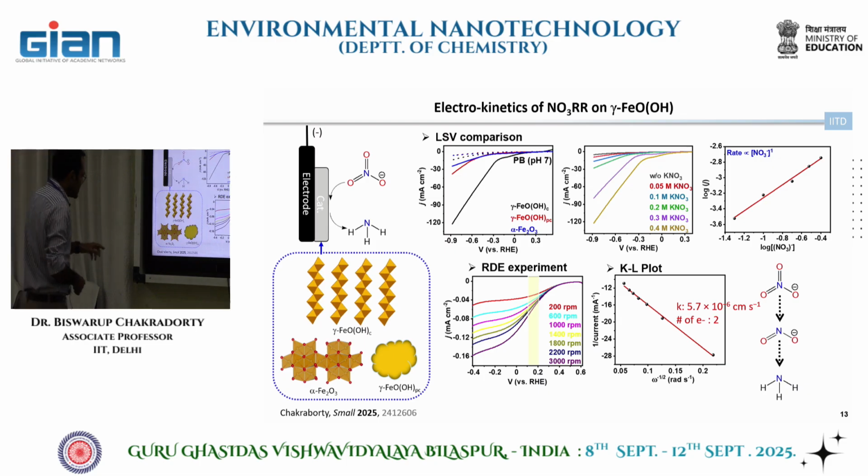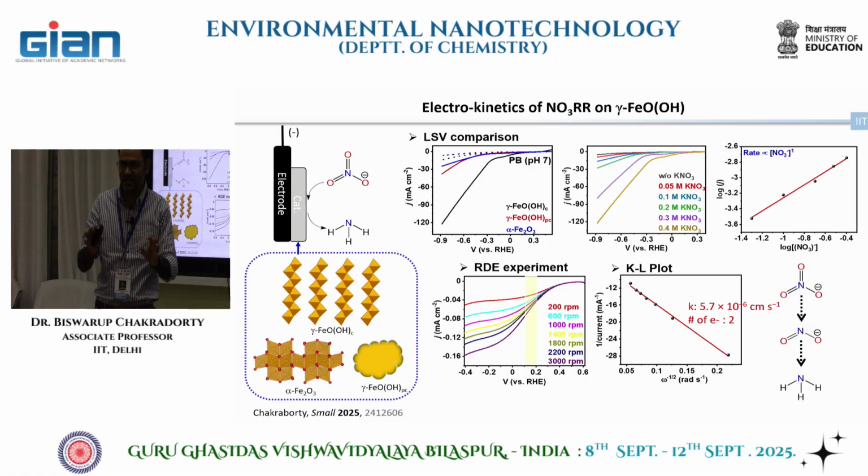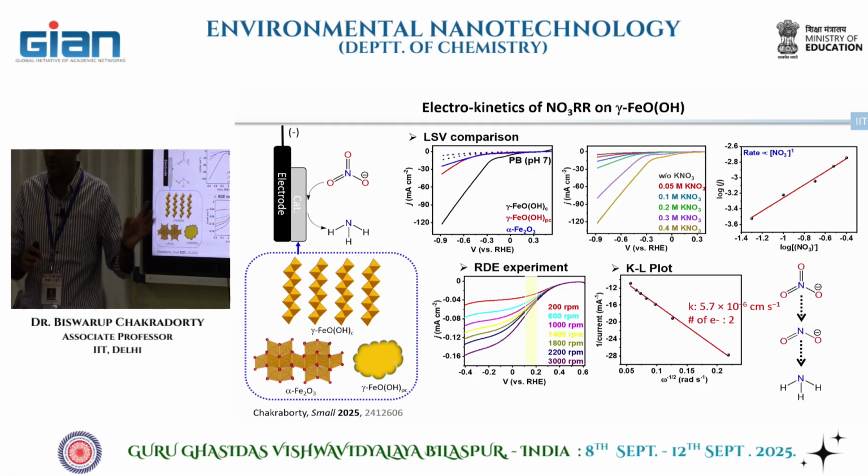And we have seen that the rate of rotation of the electrode is directly related to the reaction, and from there we can analyze, just forget about the equations, just take the chemistry behind it, how many electrons are actually involved in the rate determining or rate limiting step.